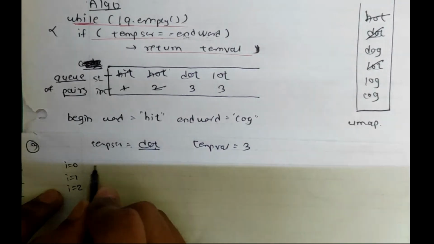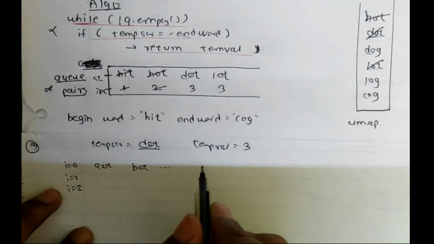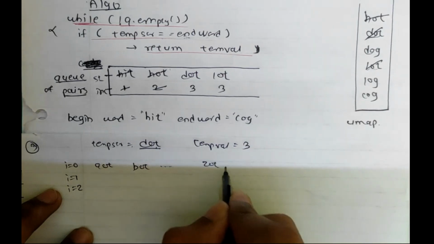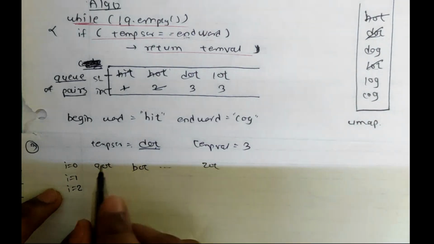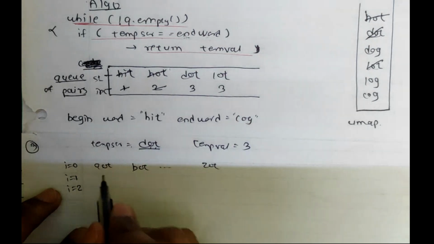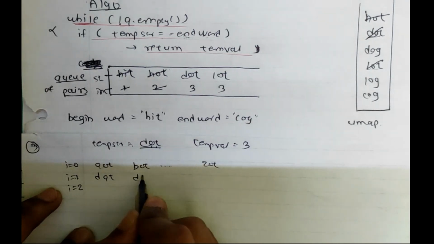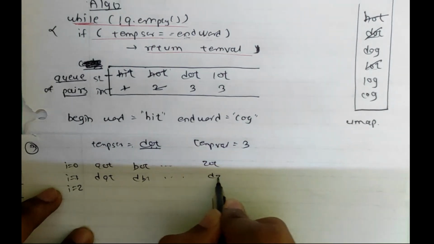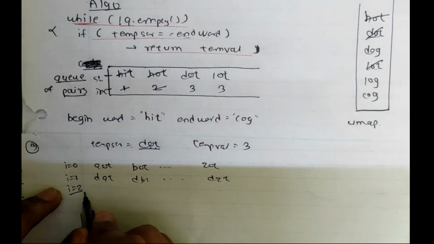First character is changed. So AOT, BOT up to ZOT. Which is matching here? No match found. So this character will change for i equals 1. So DAT, DBT up to DZT. No match found. Then move on to i equals 2.